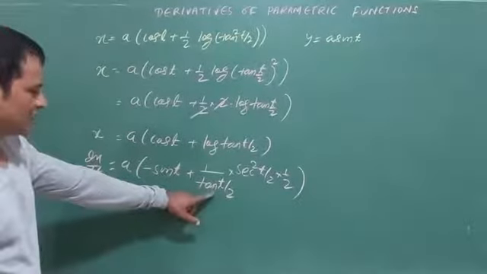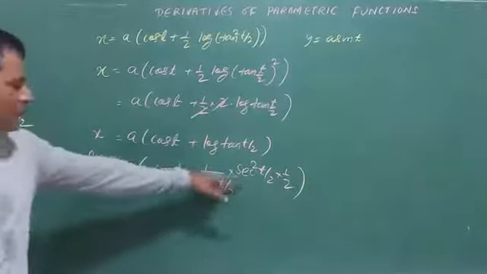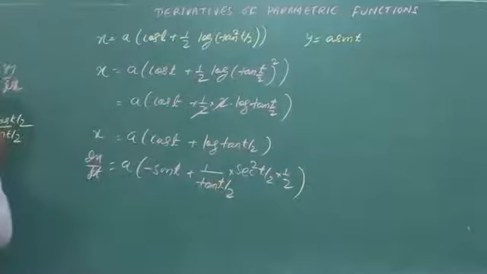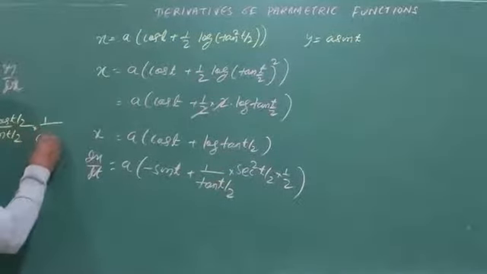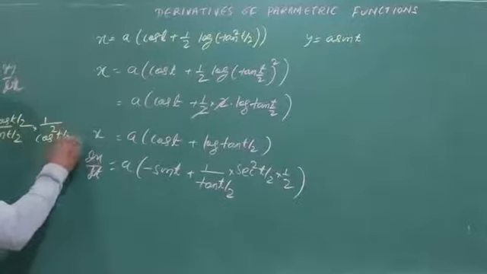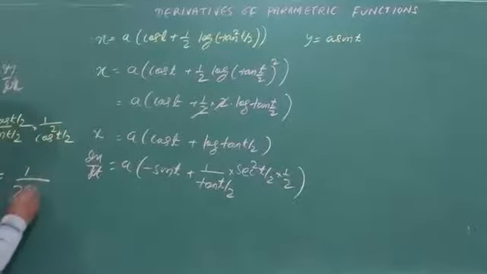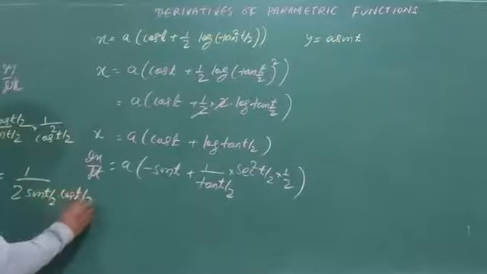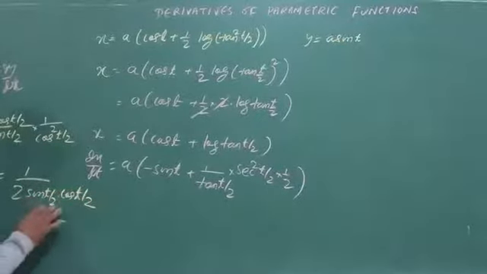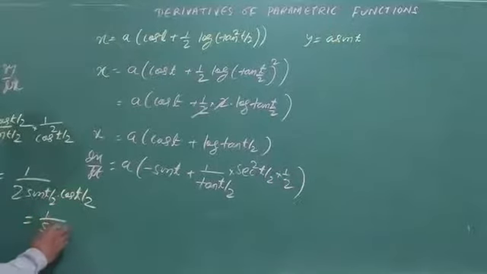This is sin t by 2 into cos t by 2, and 1 by cos square t by 2. So 1 by 2, the 2 is already there, into 1 by cos square t by 2. That becomes 1 by 2 sin t by 2 cos t by 2, which can be written as 1 by 2 sin theta cos theta, sin 2 theta, so 1 by sin t.